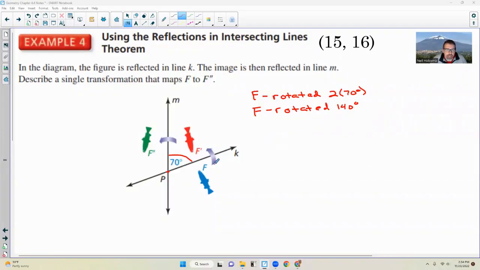And what I should say is that it's rotated. What's the point of rotation? F rotated 140 degrees about point P. I should always say that. All right, now I'm done.